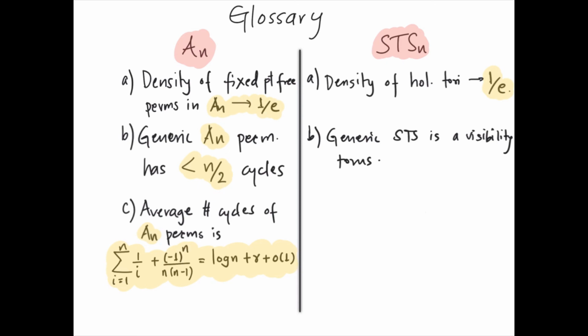A third fact that comes into play is that the average number of cycles of even permutations is this expression here, where the first part is just the nth harmonic number and there's a correction. This expression is equal to log n plus gamma plus some error term.